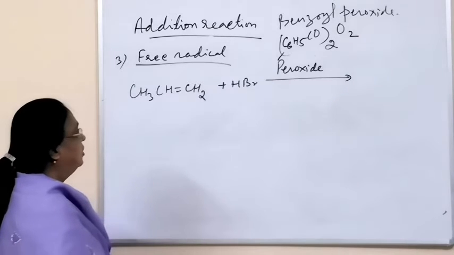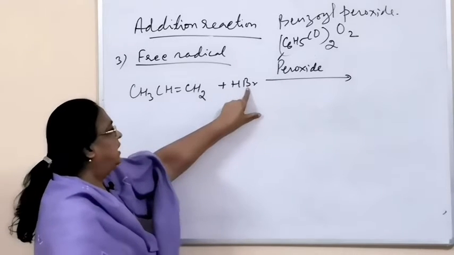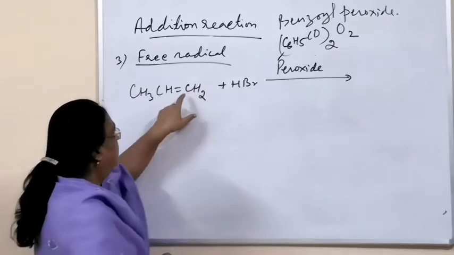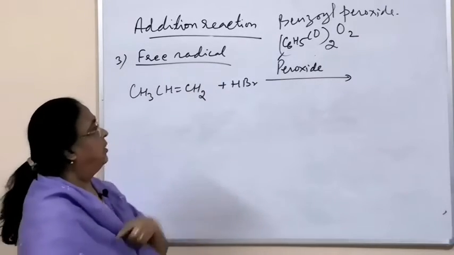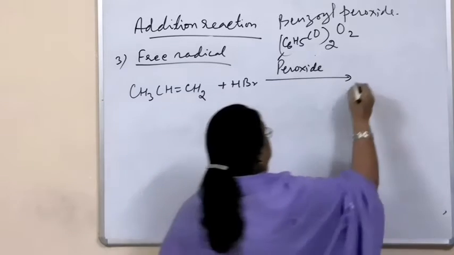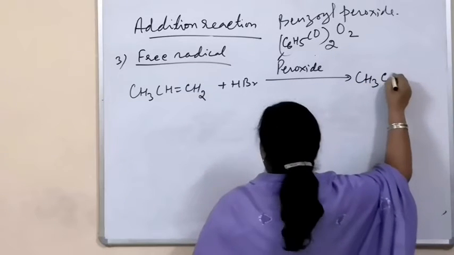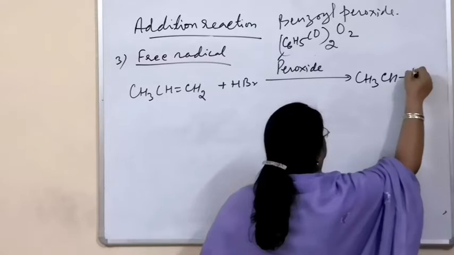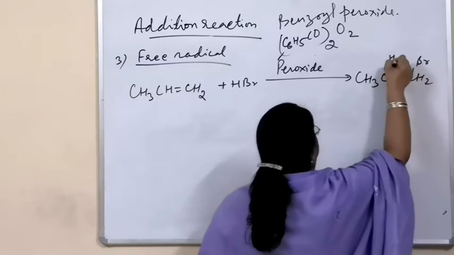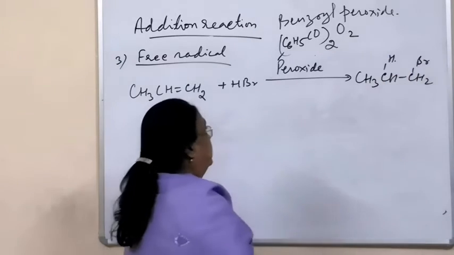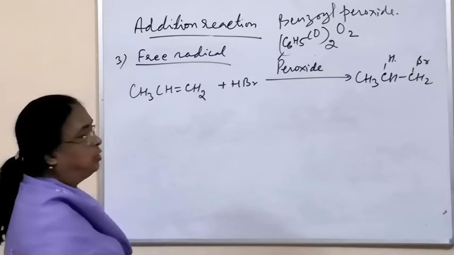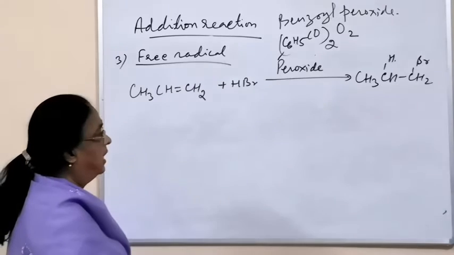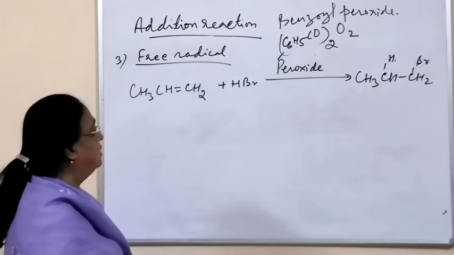What is anti-Markovnikov's rule? The electronegative part of the addendum will go to that olefinic carbon which has more number of hydrogen atoms. So in this case we will have CH3, CH single bond, CH2, Br will be here, H will be here. And so in this case 1-bromo, the previous one you saw 2-bromopropane was the main product, but in this it is 1-bromo.